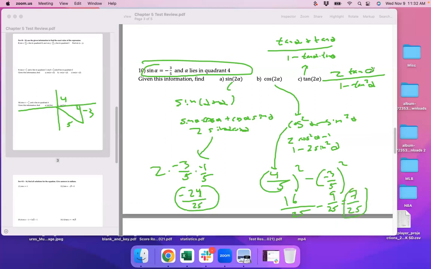And then for the tangent, you have 2 tan alpha, so it's 2 times -3/4 over 1 minus tan squared, which is going to be -3/4 squared. So you get -3/2 over 1 minus 9/16. So -3/2 over 7/16.